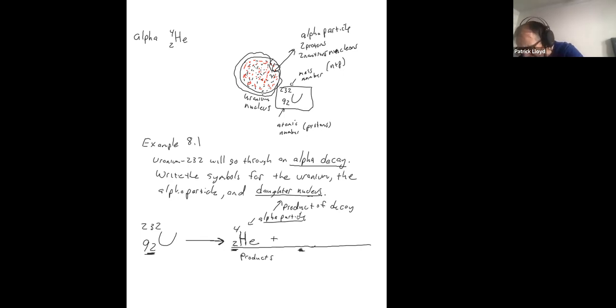So if we have 92 on this side, we have to have 92 on this side. 2 of the 92 are here, so we have 90 left over. If you're told it's an alpha decay, you know it's a 2 for the helium, so you just use subtraction to figure out the other one. 92 minus 2 is 90.